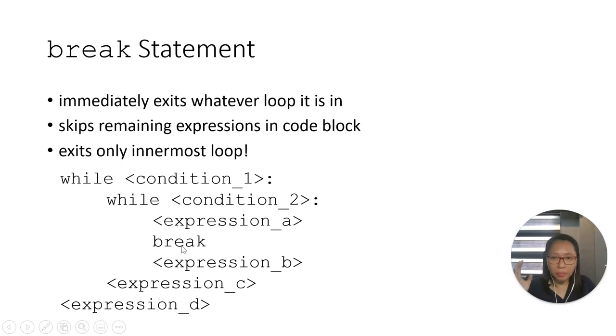So if the program encounters break, control goes to expression C. So it is still inside this outer while loop. Therefore, after this, the while loop condition 1 will be executed.